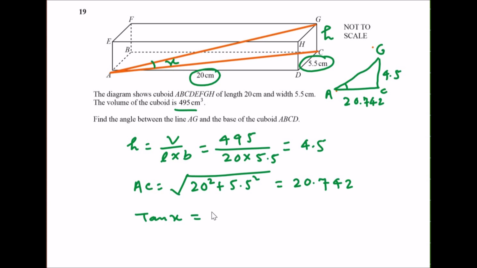So we can take tan x equal to opposite by adjacent. So 4.5 divided by 20.742.